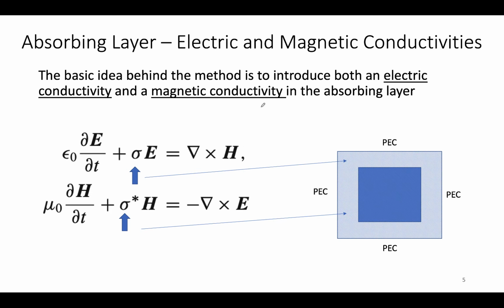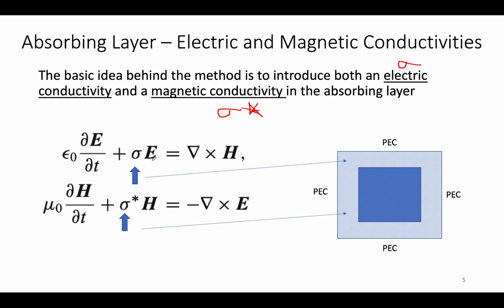The basic idea behind the method is to introduce an electric conductivity, which we call sigma, and a magnetic conductivity, which we call sigma star, in the absorbing material. Within our simulation, the material can be vacuum or whatever proper material we are using for our problem. Then we add an absorbing material with electric conductivity sigma and magnetic conductivity sigma star.